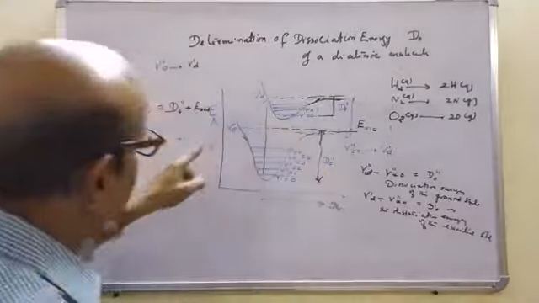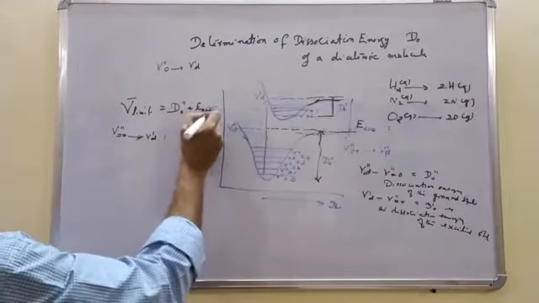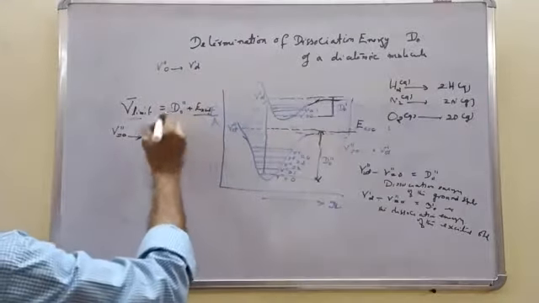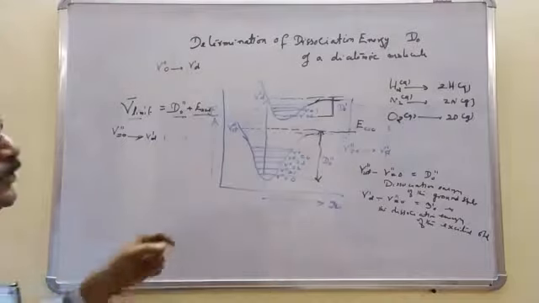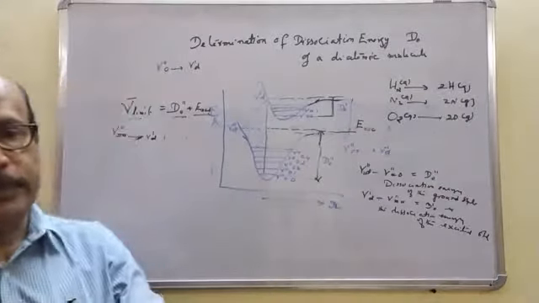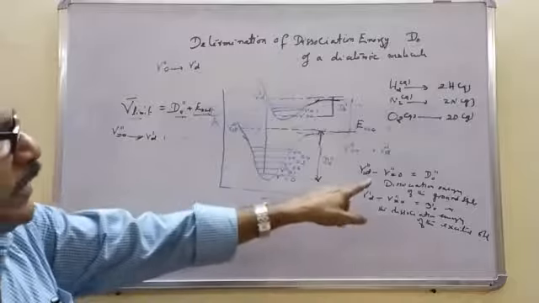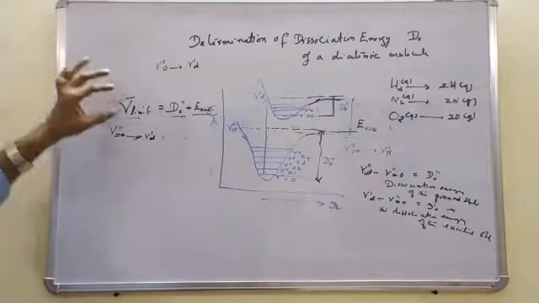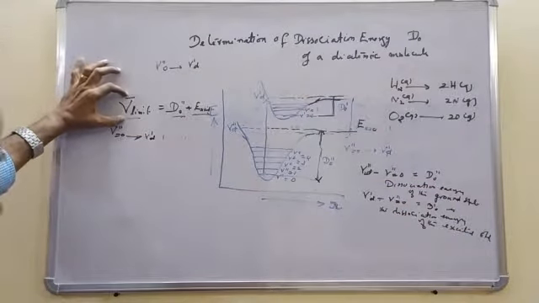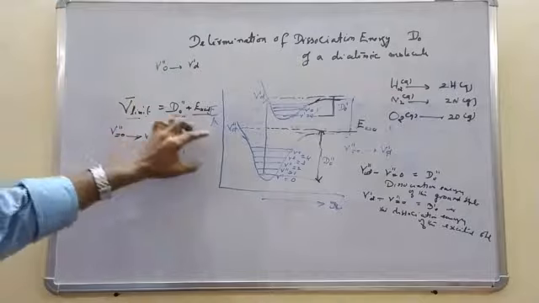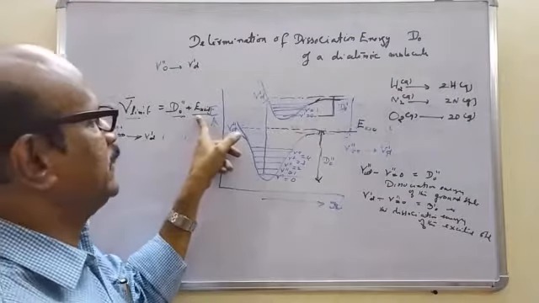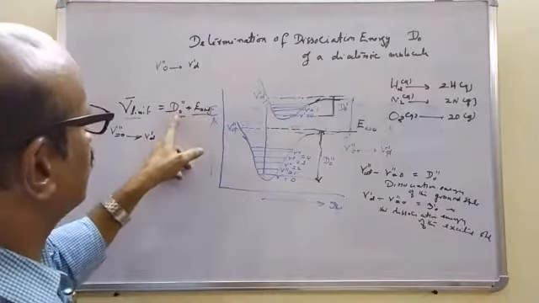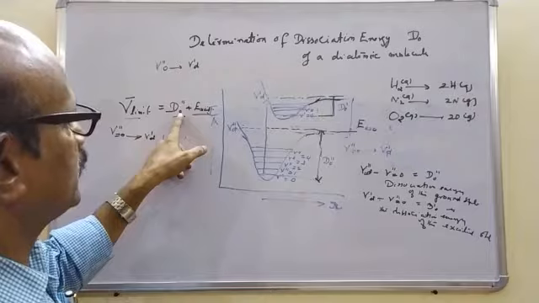Knowing these two values, we can determine the ground state dissociation energy of the molecule, by measuring ν̄ limit from the electronic spectroscopy and E excitation from the atomic spectroscopy. Thus we can determine the ground state dissociation energy.